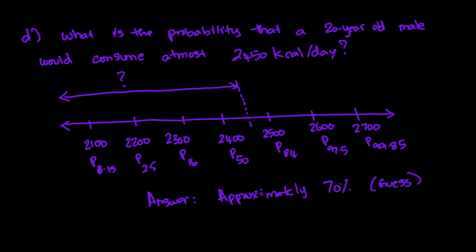I'd probably guess it's somewhere between 50 and 84%, but I don't know exactly what that number is, because the empirical rule does not tell me what that value is. So this is a disadvantage of the empirical rule, because it can only tell me probabilities at predefined points, but not at all points. And there are other ways to do this, but we can talk about it in a different video, which would involve finding probabilities using normal distributions.